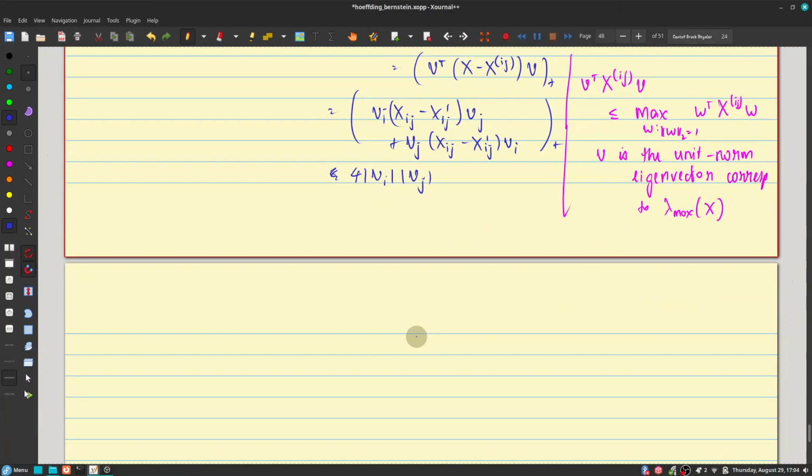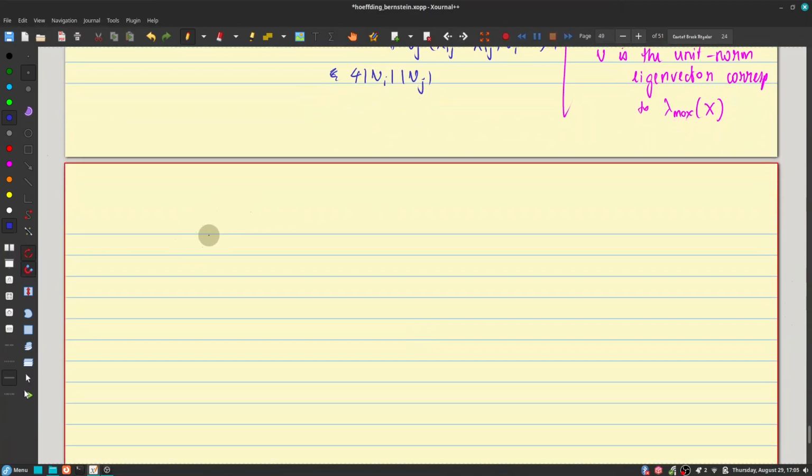Now let me look at the summation over i, j of (lambda minus lambda ij) the whole square. It's a random variable. Remember, the vi's and the vj's are random variables that depend on X, right? They're not deterministic, so this is also a random quantity. What I need is an upper bound on the expectation of this particular quantity.